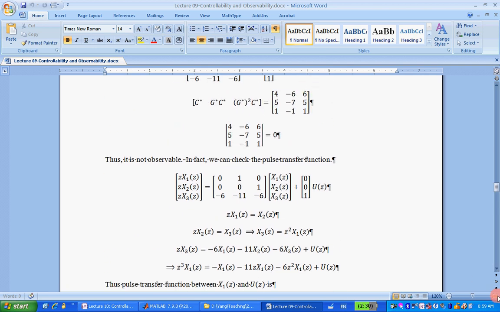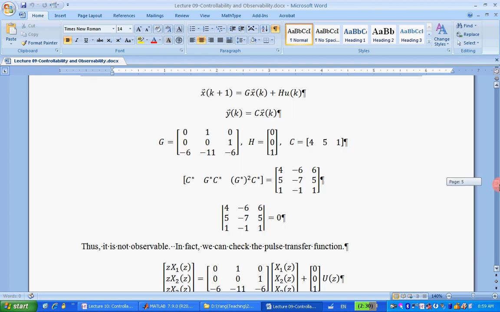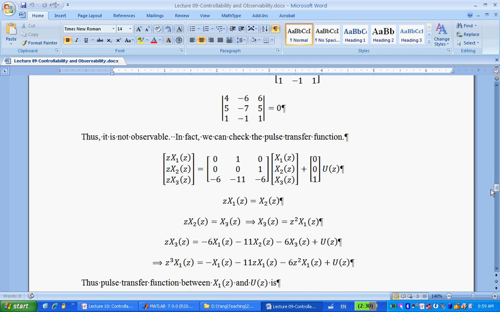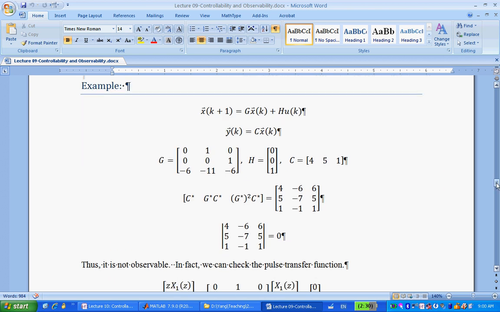So this is, in detail, what I did to derive the pulse transfer function. This is your original state space model here.